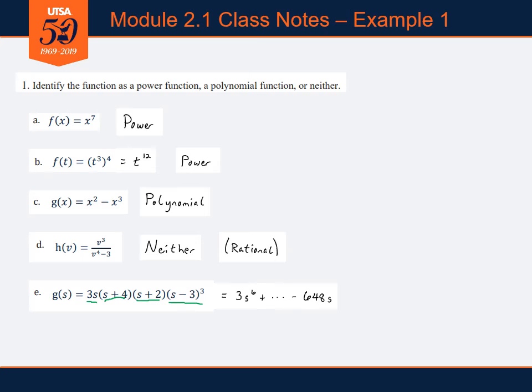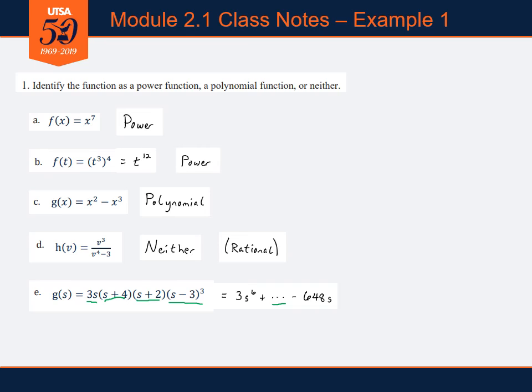Just to illustrate my point a little bit here, if we multiply 3s times another s times another s times s cubed, we would get 3s to the 6th power. And then a lot of other multiplying and distributing, a lot of FOILing, a lot of terms that we don't need to work out, but what I'm saying is we've got a whole number power of s plus another whole number power of s plus another whole number power of s, and finally I went ahead and worked out the last times last term of all of these factors, and I would have minus 648s.